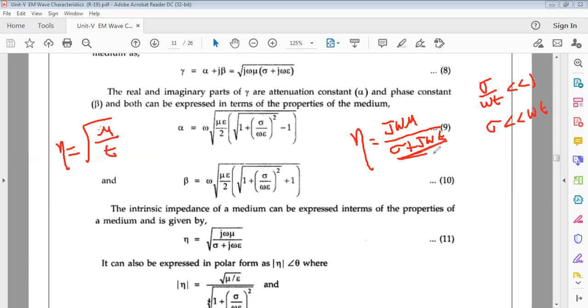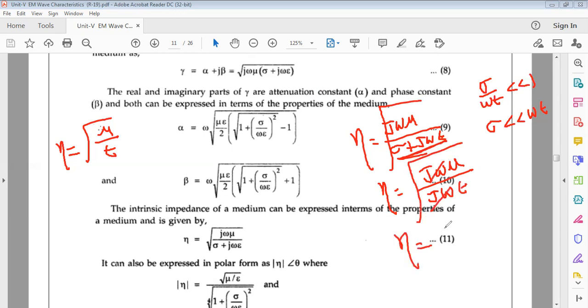Comparing the denominator, the sigma term is a very small value compared to omega epsilon. So neglecting this term, eta is equal to under root of j omega mu by, we are neglecting this term, only j omega epsilon. The j omega cancels, and then eta is equal to under root of mu by epsilon. So we got this one.